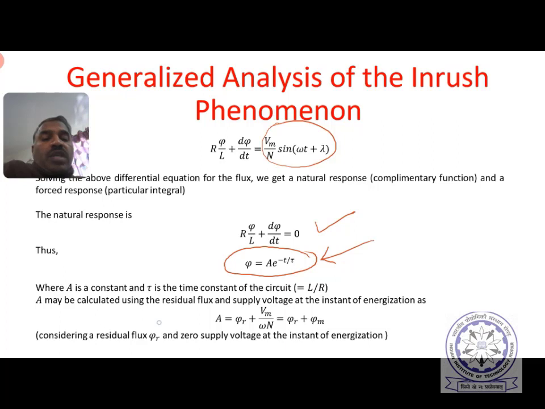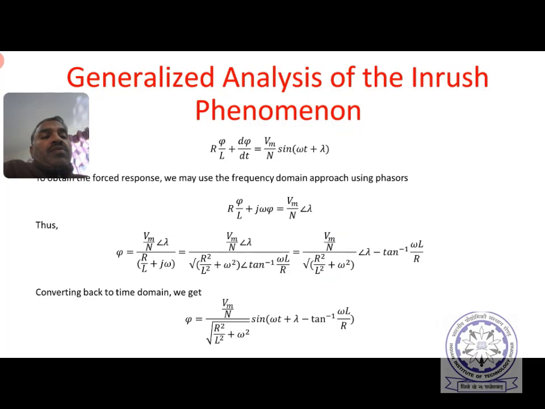Of course, A may be calculated using the supply voltage at the instant of energization, but we will not use that now, because let us go to the complete solution, then obtain the value of this one. Now this is the steady state solution here.